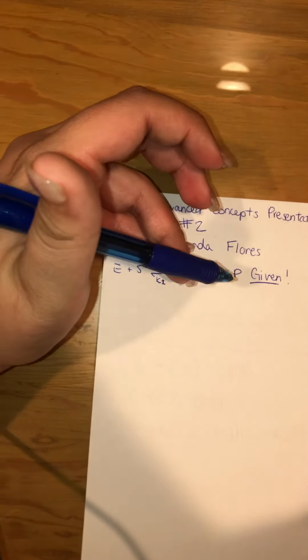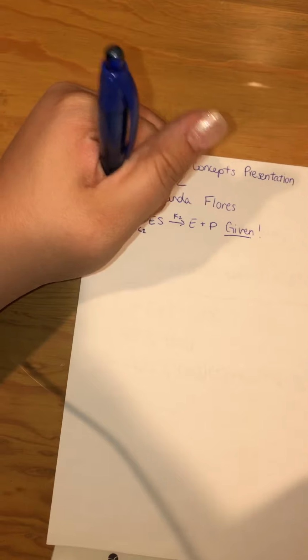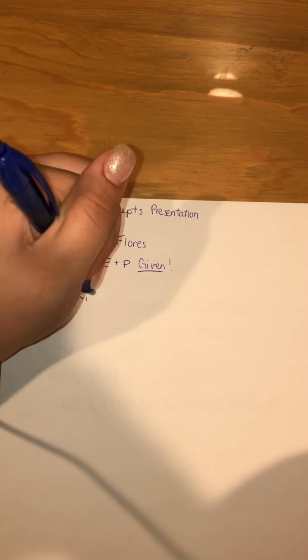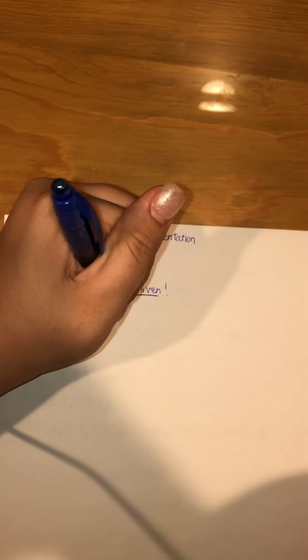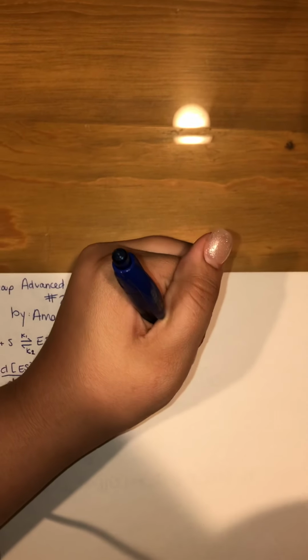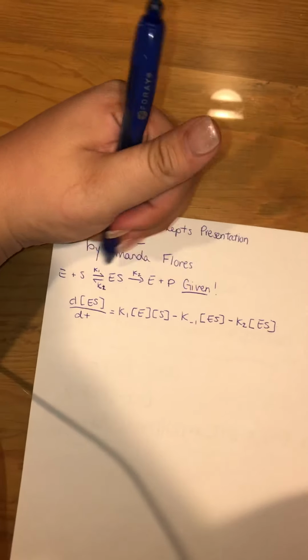we can get the instantaneous rate of change, which is d of ES over d of T. So we're going to use K1 times E times S minus K negative 1 of E of S minus K2 of E of S. So all this comes from the equation up above that was given.